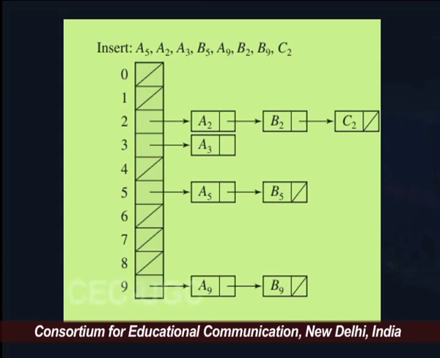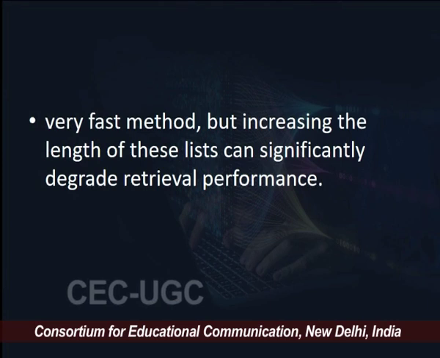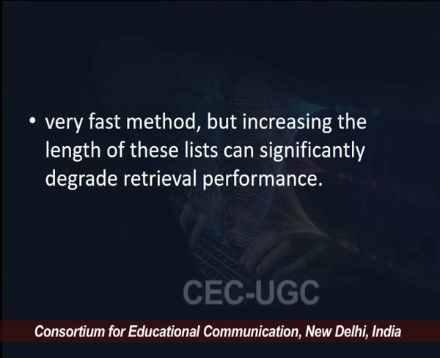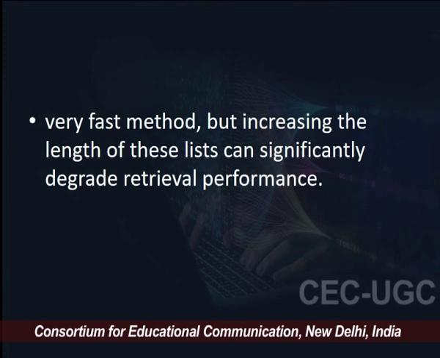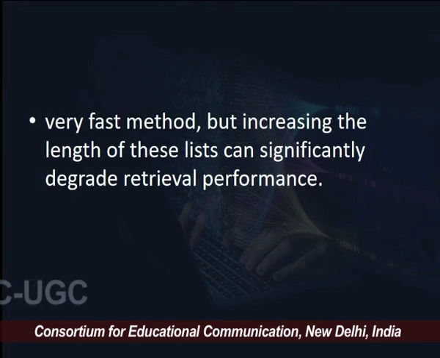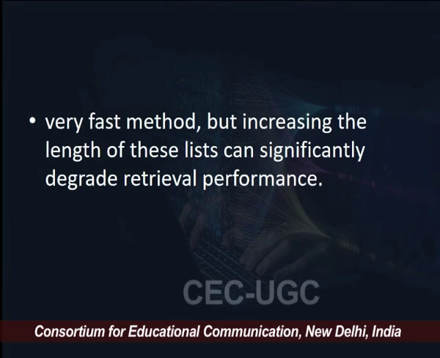This is a factor giving you a degradation of performance. Although separate chaining is a fast method, whenever the length of the list is increasing, it is going to affect the retrieval performance severely.